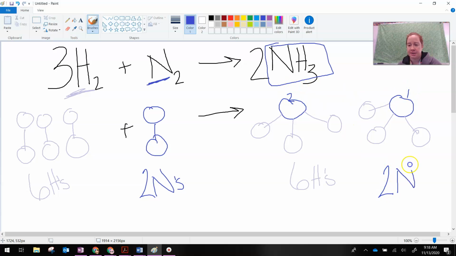I still have 2 N's, even though they're not connected to each other, they're separate, even though there's no subscript here after the N, but there is here. Notice the numbers equal out. I've got 6, 6, 2, 2. That means that yes, this is obeying the law of conservation of mass.